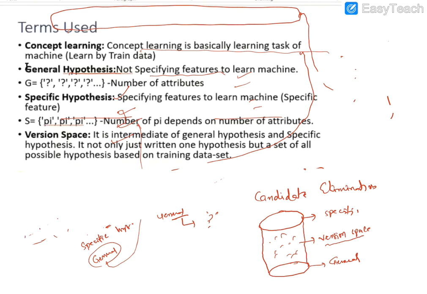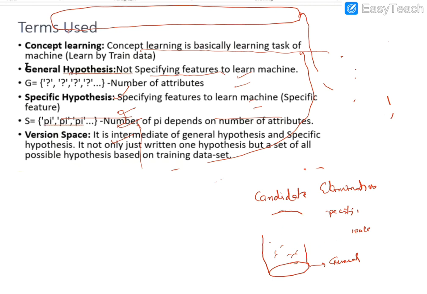And then next, the general hypothesis. What is the general hypothesis? Whatever negative data we consider will be dealt with by the general hypothesis. And the specific hypothesis, as in the Find-S algorithm, deals with positive examples.